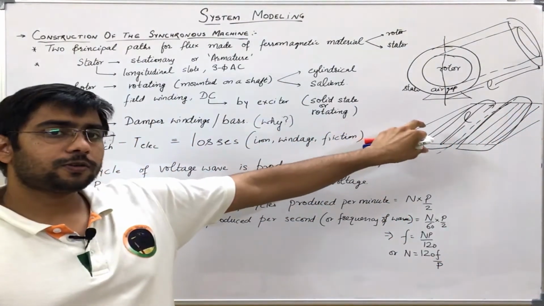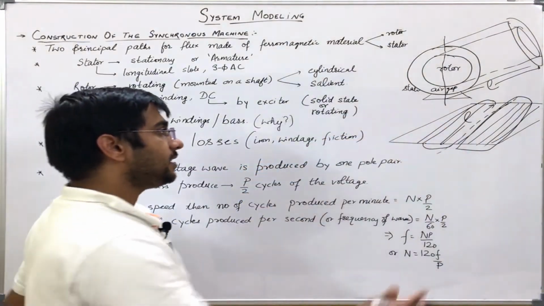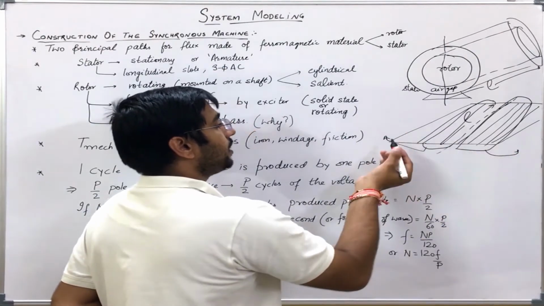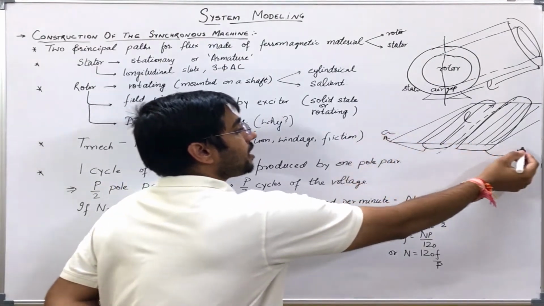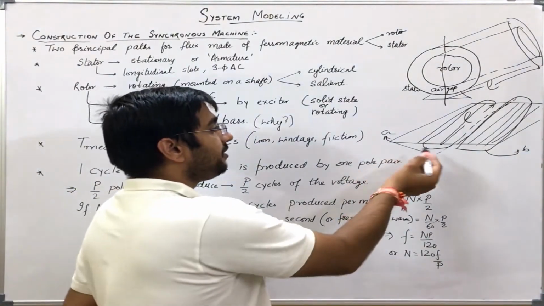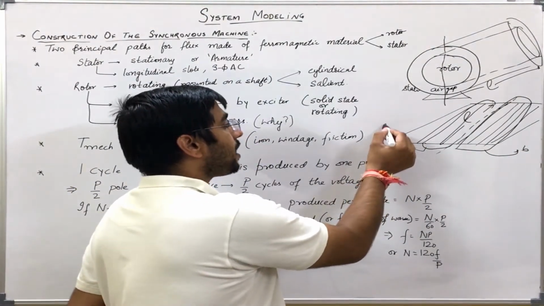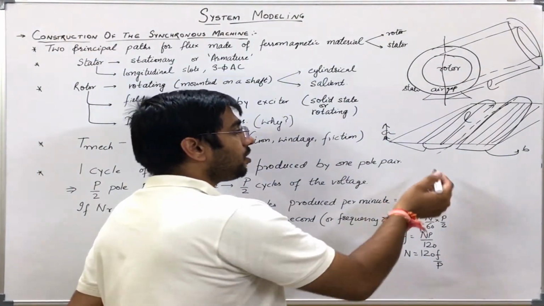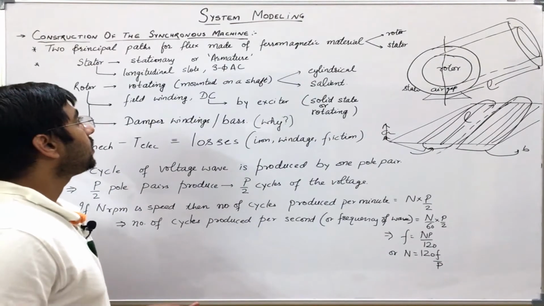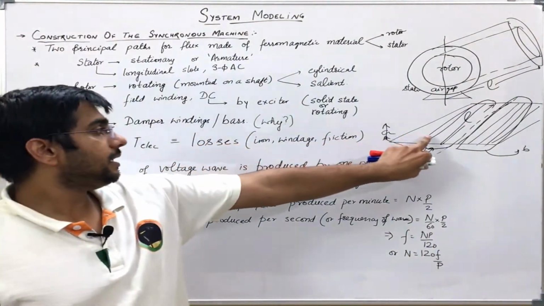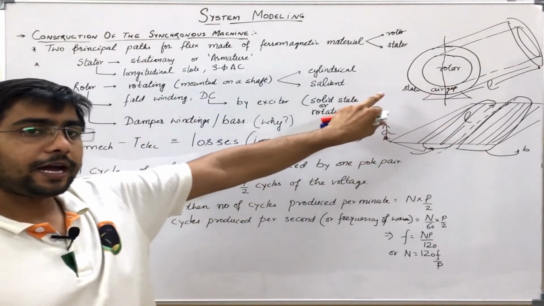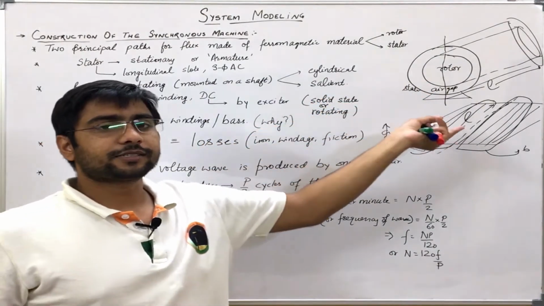In these slots the windings are placed, and these windings are connected to the external circuit. Let us say this is connected to phase A, this is connected to phase B, and some winding is connected to phase C. If it is a generator, it will deliver power to the external circuit, and if it is a motor, it will take power from the external circuit. So you see, in the stator we have slots which contain winding, and they are connected to the external circuit.